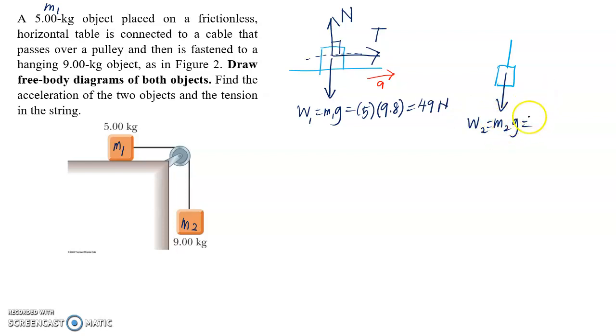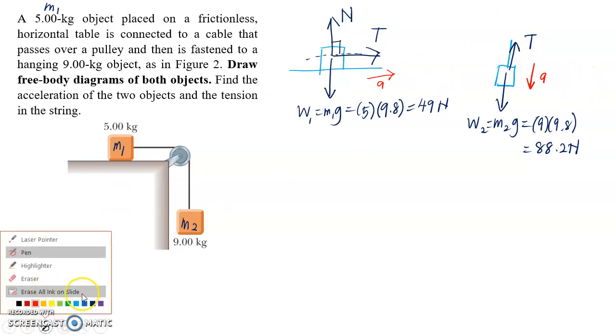So mass 2 will be 9 kilogram. So 9 multiplied with 9.8, it is going to be equal to 88.2 Newton. We also have tension going upward or away from the mass. And last but not least, draw the acceleration, which is going to be downward.